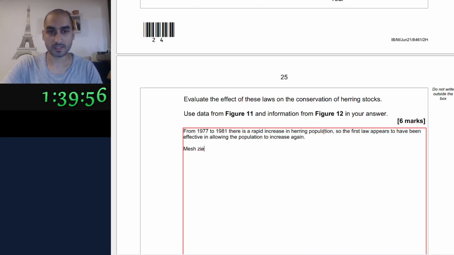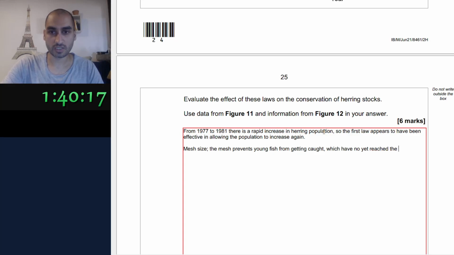Mesh size. The mesh prevents young fish from getting caught, which have not yet reached the age at which they can produce babies, produce eggs even.